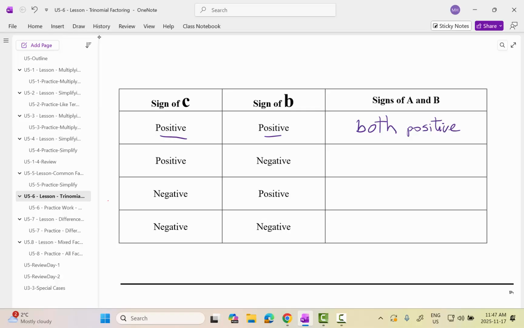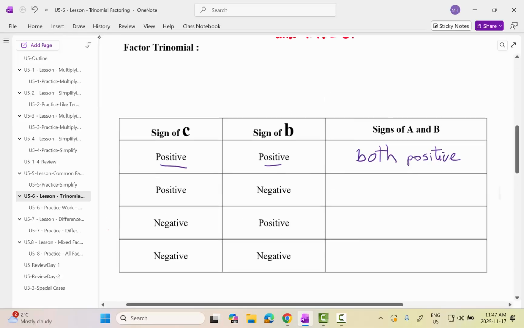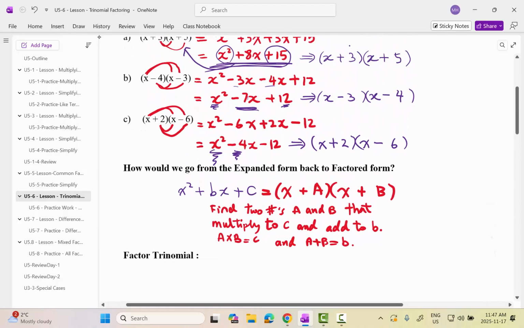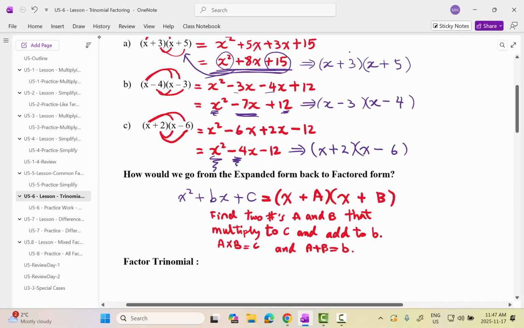All right. Now, what if C was positive and B is negative? Then what happens? Well, do we have a case like that? Oh yeah, here. You see question B here? C is positive 12. But the middle one here, we have negative 7.